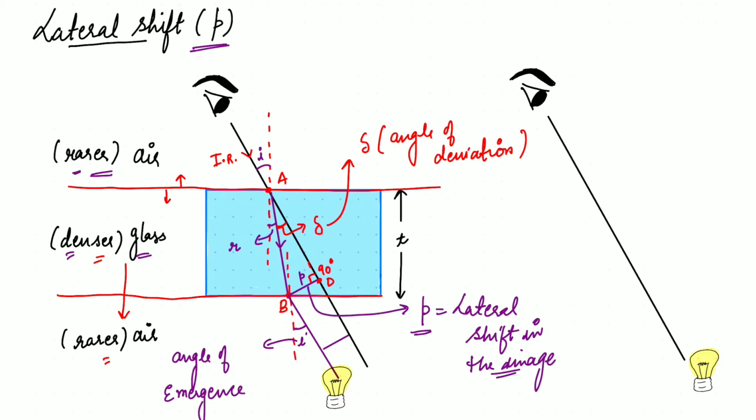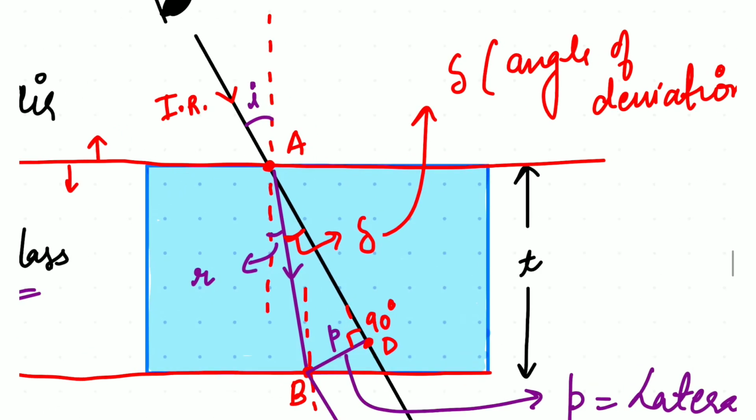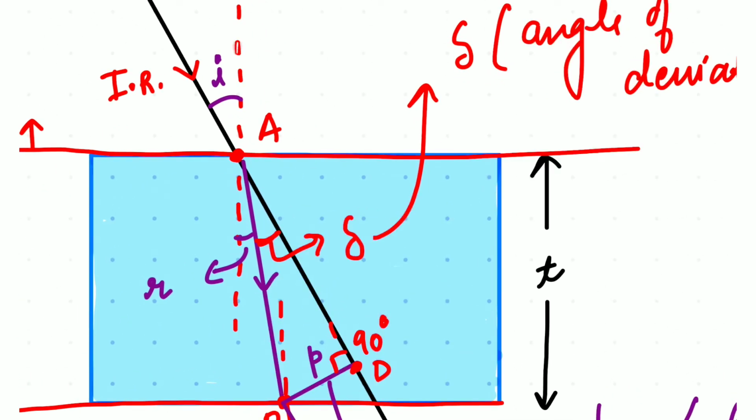Now from this image, if you clearly see, you guys can see this is your normal and this is your expected ray, right? Now if you see, your angle of incidence must be equal to angle of refraction plus angle of deviation. Can you see that? If I zoom this out, then you can simply see this and this.